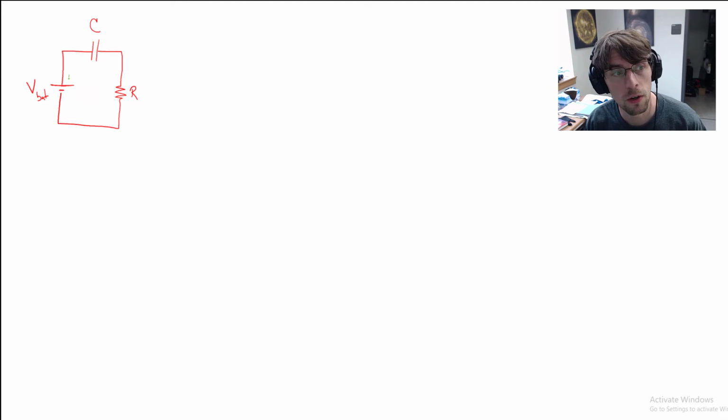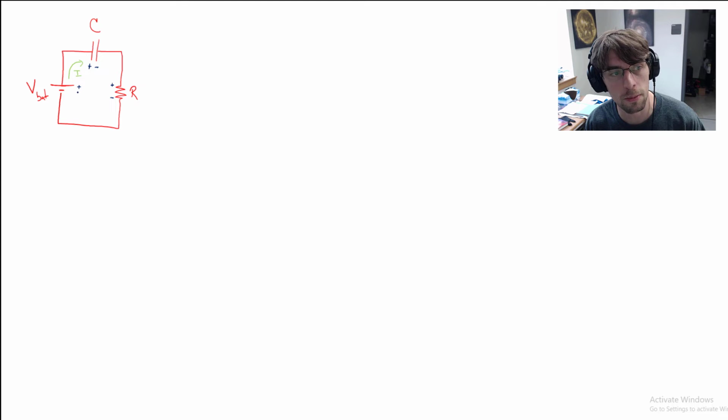Hopefully you paused the video. I'm going to go ahead and say again that my current is flowing clockwise. Now this time, since I'm dealing with a discharged capacitor, nothing's actually stored. That would mean that now this is the high side. This is the low side. We have high and low. The capacitor is not responsible for driving that current.